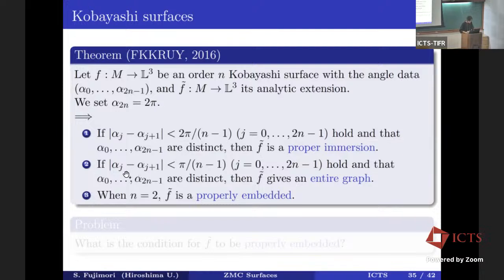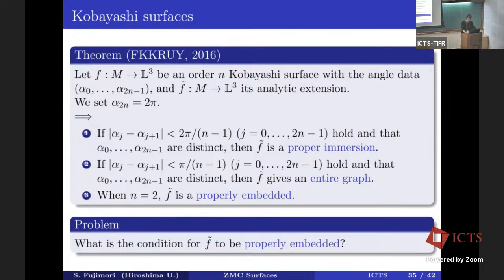And in particular, if the angle condition satisfies this, then F tilde is the entire graph. And also, in the n equals 2 case, we can analyze the surface more precisely, and all of the cases are properly embedded without the angle condition.